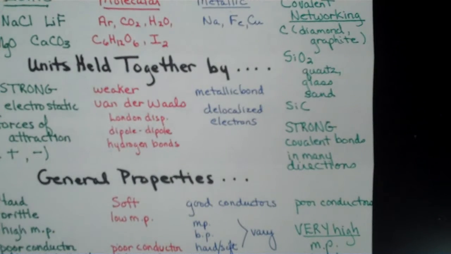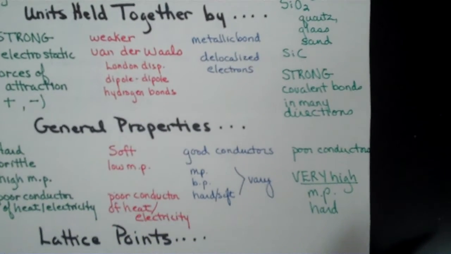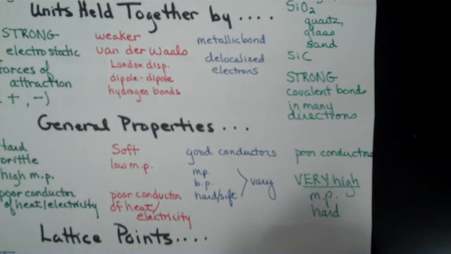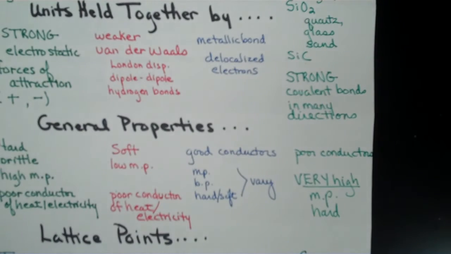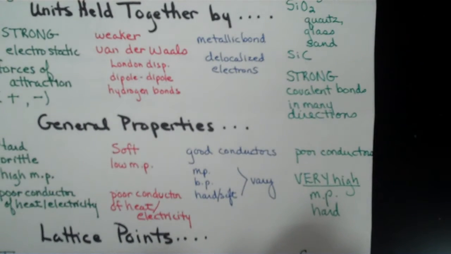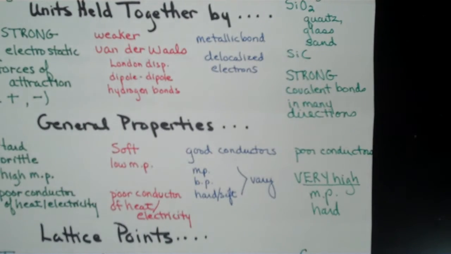So, what would be at the lattice points? It would just determine what crystal you're looking at. In some cases like diamond or graphite, at the lattice points what you have is carbon. But it could also be molecules. You can have SiO2 at the lattice points.